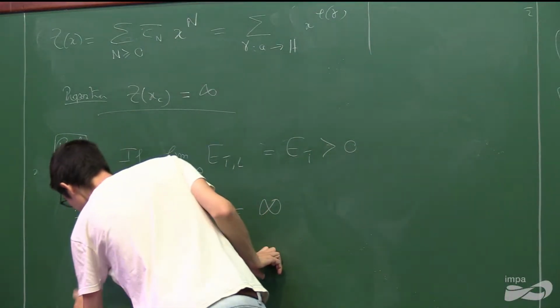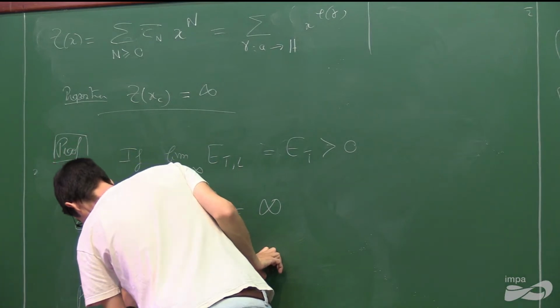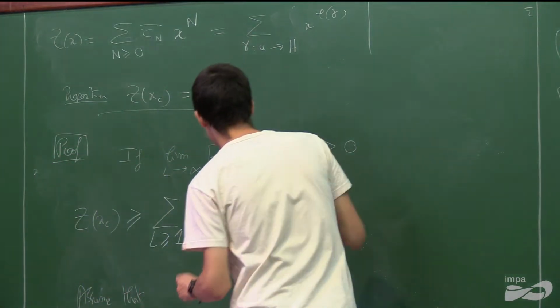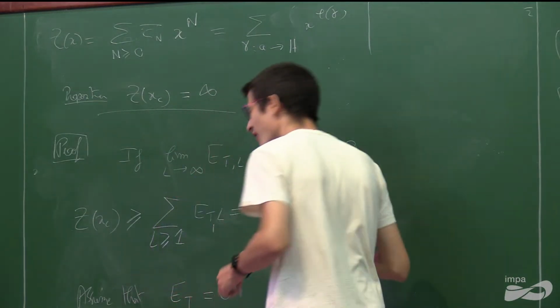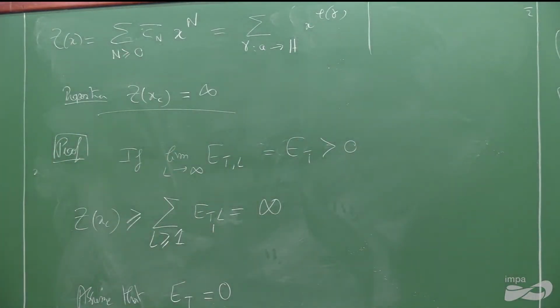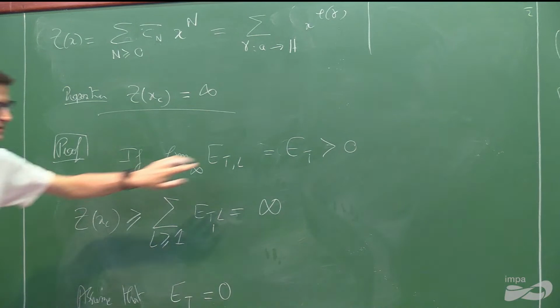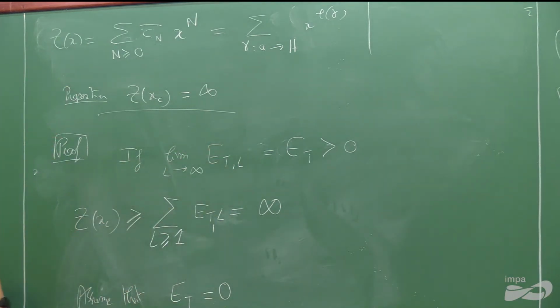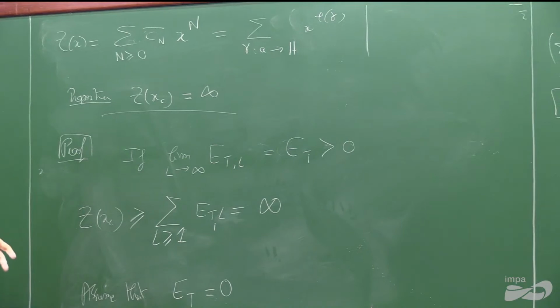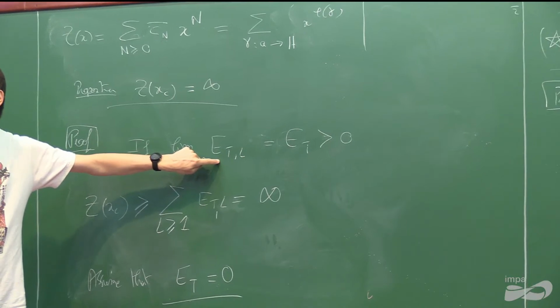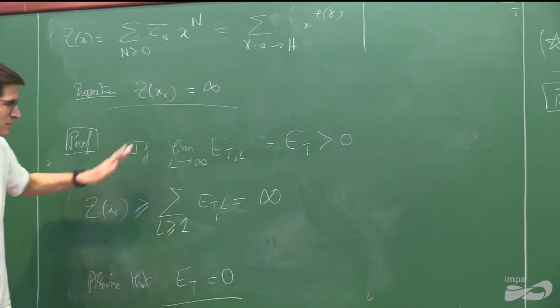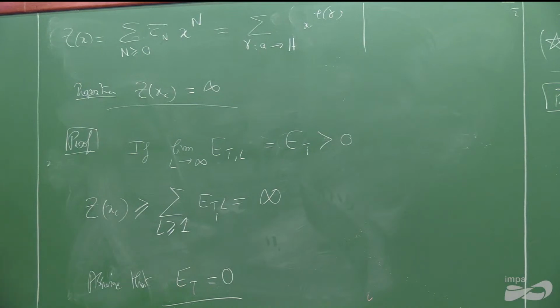Okay, so from now on, we are going to assume that E_T is equal to 0. And maybe when we end up the proof, you might wonder whether this occurs or this occurs. Actually, once you've proved what the connective constant is, you can actually prove that this decays exponentially fast. So this is a step of the proof.